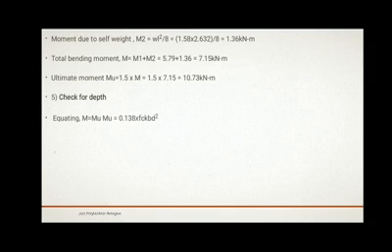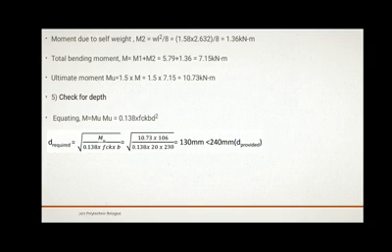Now check for depth. So it depends on the Fy. That means choosing the equation depends on the Fy. So here Mu is equal to 0.138 FCK BD square. So determining the depth required, we get 130, which is lesser than 240.